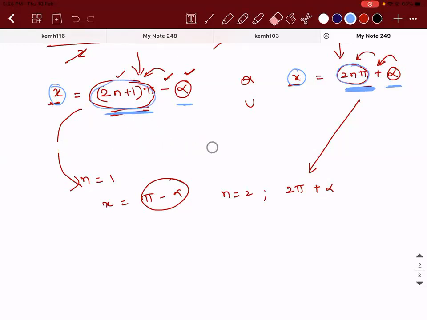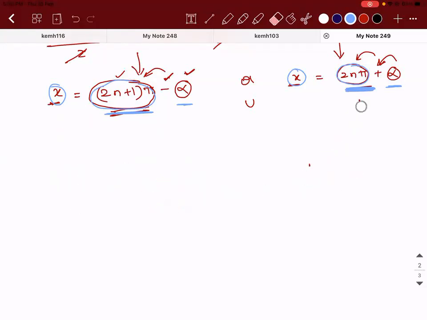Now, when I write the first term, x is equal to, I am clear that pi is a multiple in both the cases, but I'm concerned about its coefficient. In this case the coefficient is an even number.